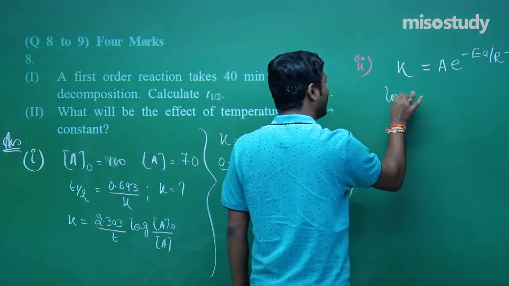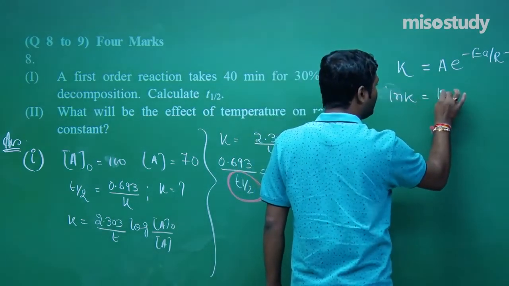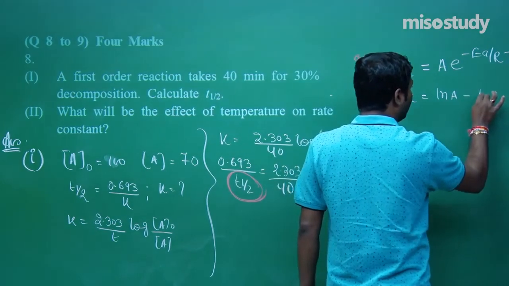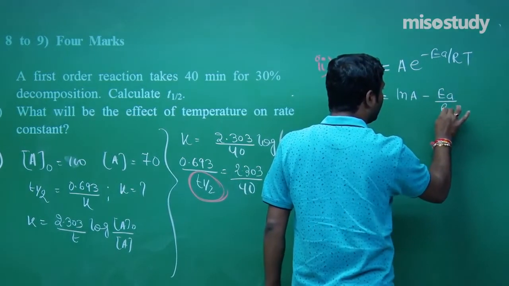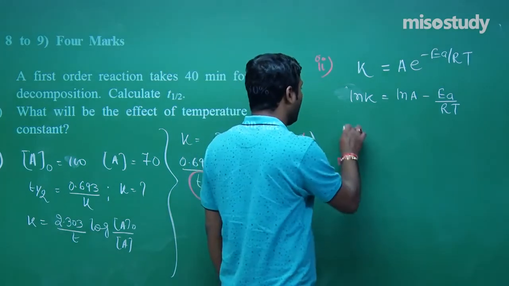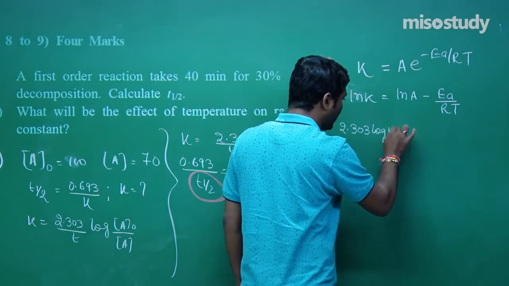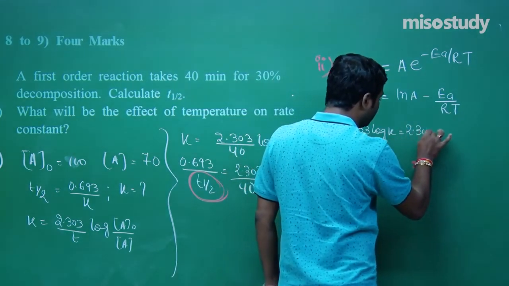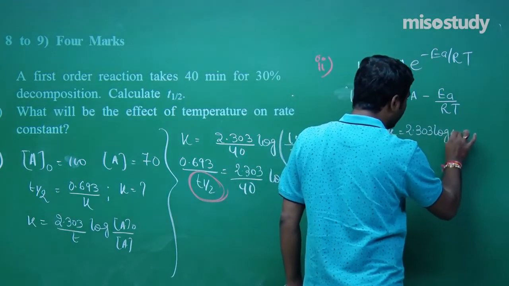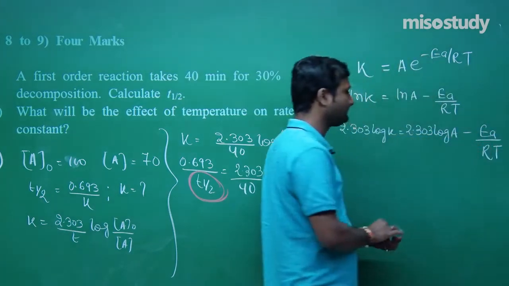Taking log both sides, ln K is equal to ln A minus EA upon RT. Clear to you? Now convert it into log. 2.303 log K is equal to 2.303 log A minus EA upon RT.